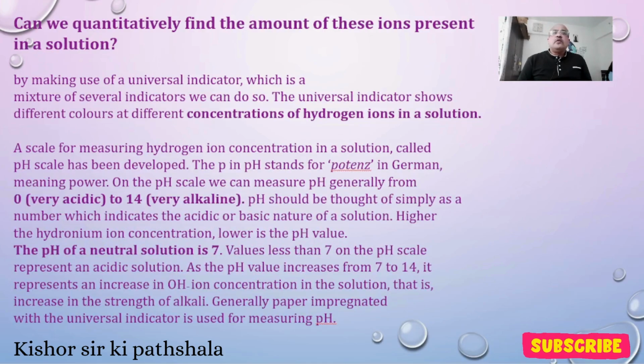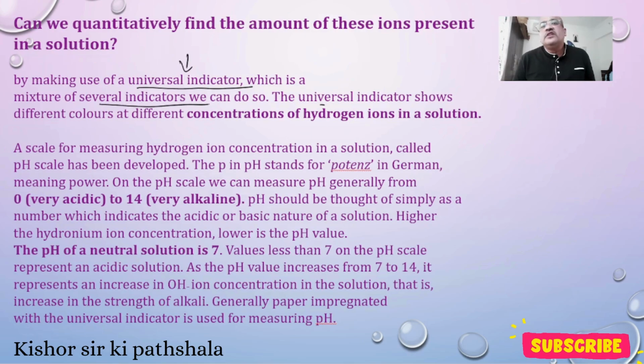Can we quantitatively find out the amount of ions present in a solution? By making use of a universal indicator. What is a universal indicator? It is a mixture of several indicators. We mix several indicators to make a universal indicator.